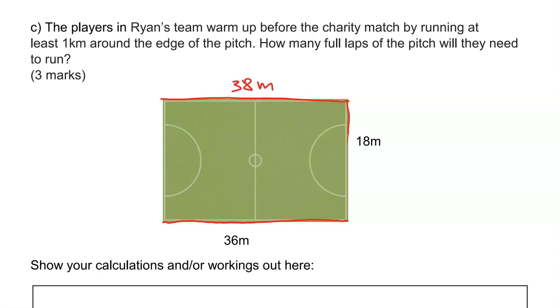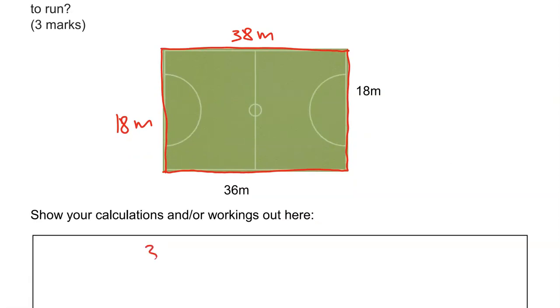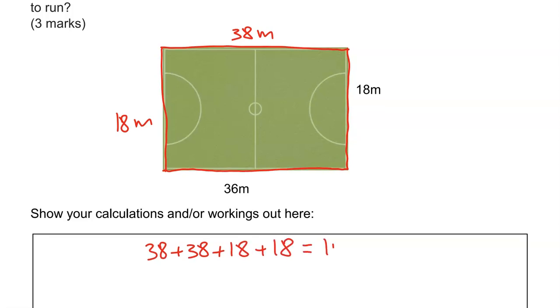And we've got 18 meters, and this is going to be 18 meters as well. So adding them all together, 38 and 38 and 18 and 18, which is 108 meters.